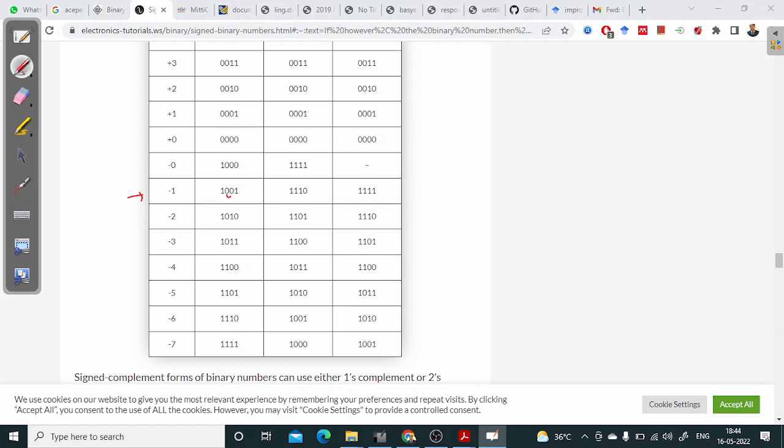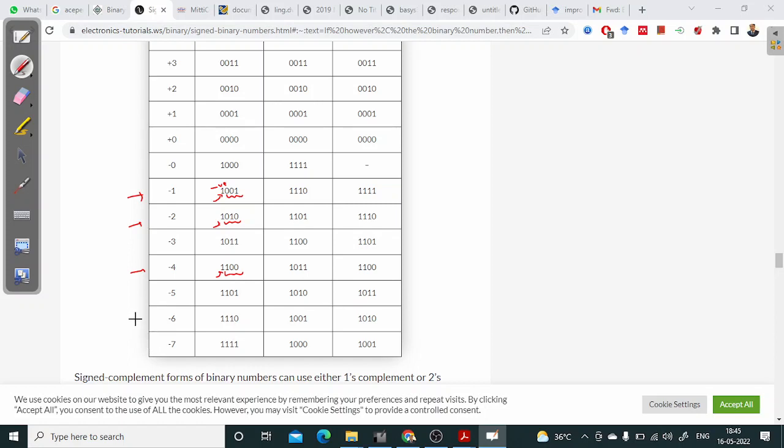This 001 is the value 1, and a 1 at the MSB indicates that it's a negative number. Minus 2: 1 is for minus, and 010 is the magnitude 2. Minus 4: the MSB at 1 is for negative sign, and 100 is 4. Similarly, -6 and -7.